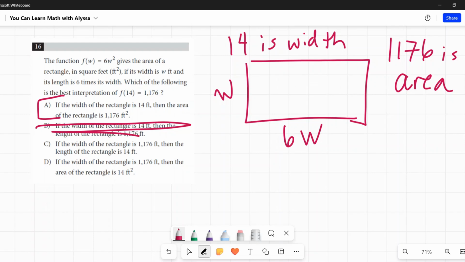No, if the width is 1,176, multiply that by 6 to get 14? No, of course not. D, if the width of the rectangle is 1,176, then the area is 14 feet. Wow. So if this width was 1,176 feet long, the area would be 14 feet squared. Absolutely not. A is our only one that is correct. A is our answer.